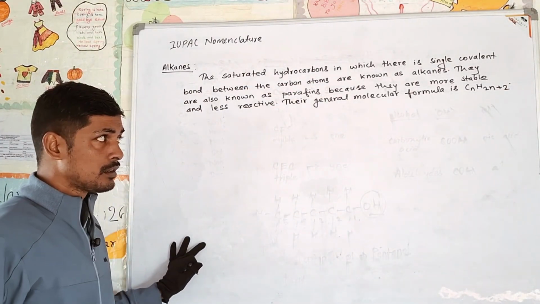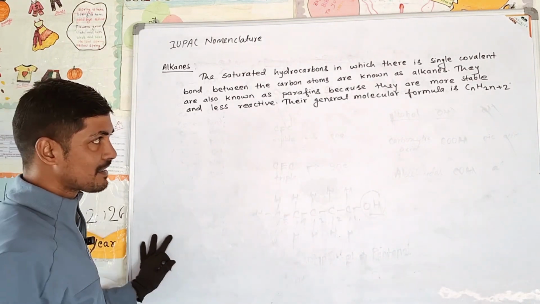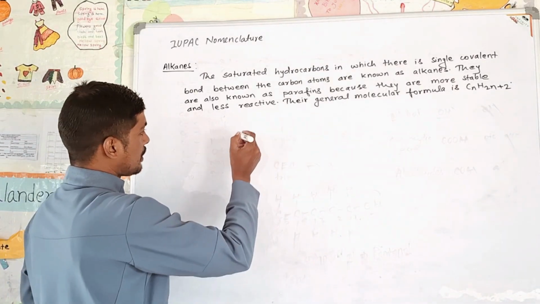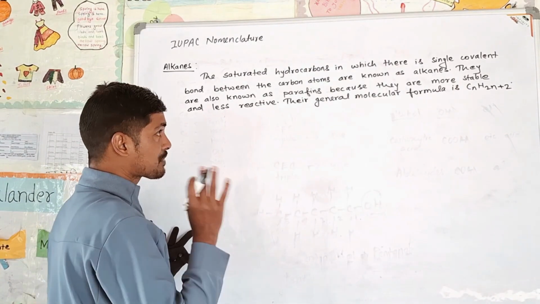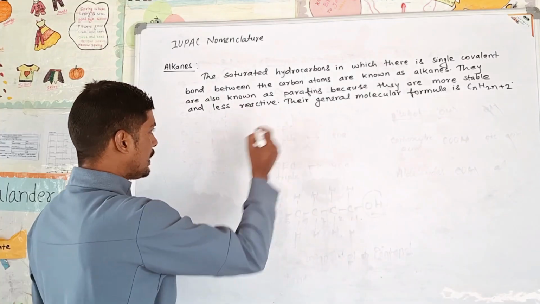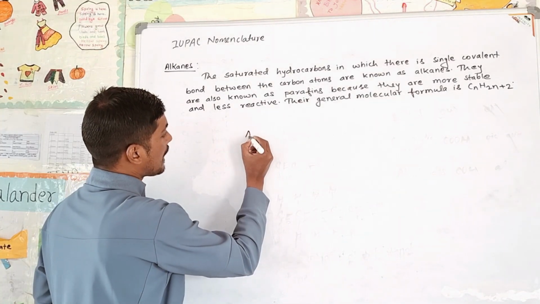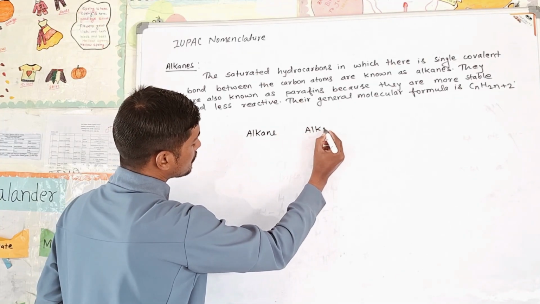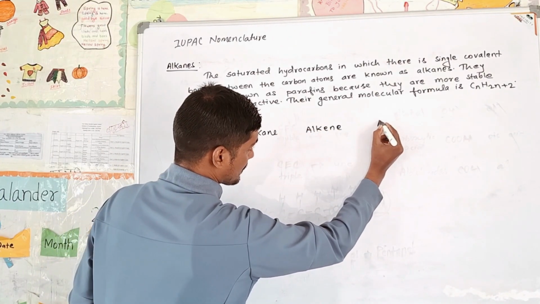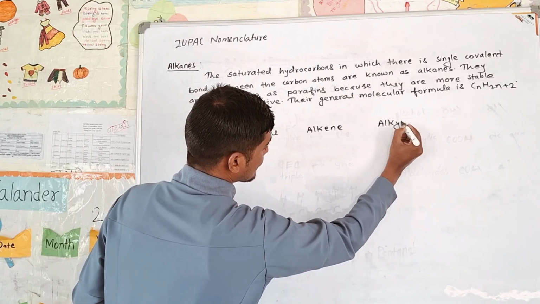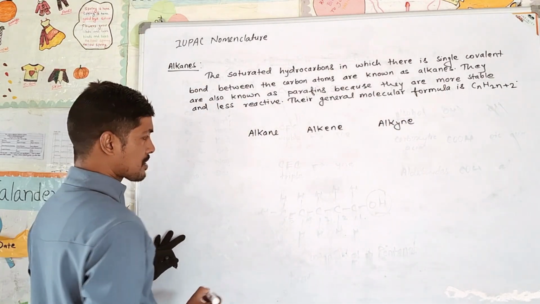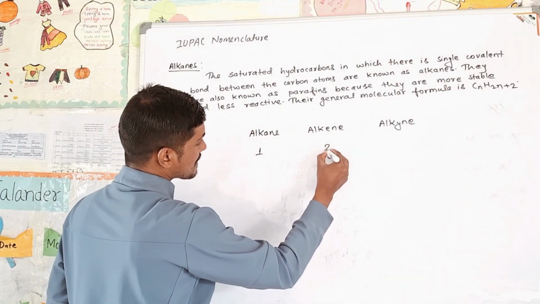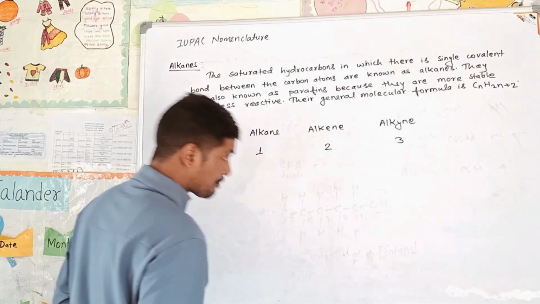Now I will give just a simple trick to remember this general molecular formula for alkane, alkene and alkyne. And how do we remember which one has single bond, double bond or triple bond? Let's see here. We have alkane, alkene and alkyne. Three groups of hydrocarbons. Number one is alkane, number two is alkene, number three is alkyne.